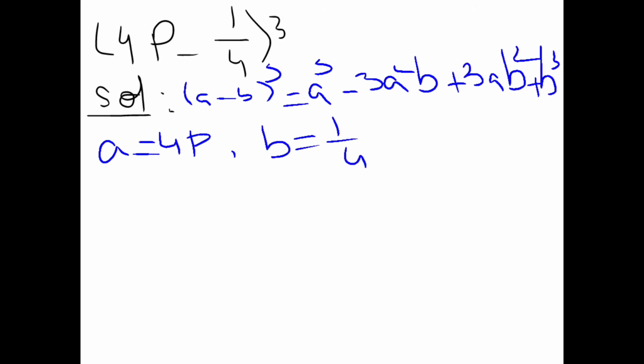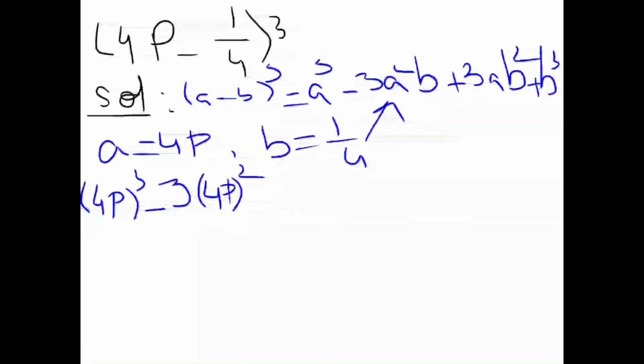Okay, we will put these values in the formula. a cube means we will cube 4p, then minus 3a square. A square means 4p square. Then b means 1 upon 4. Then plus 3a means 4p.